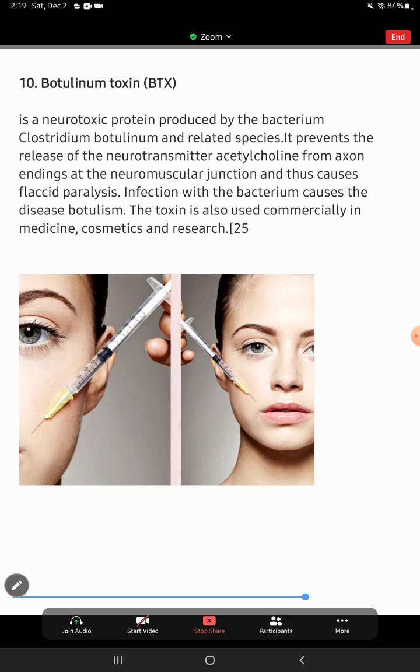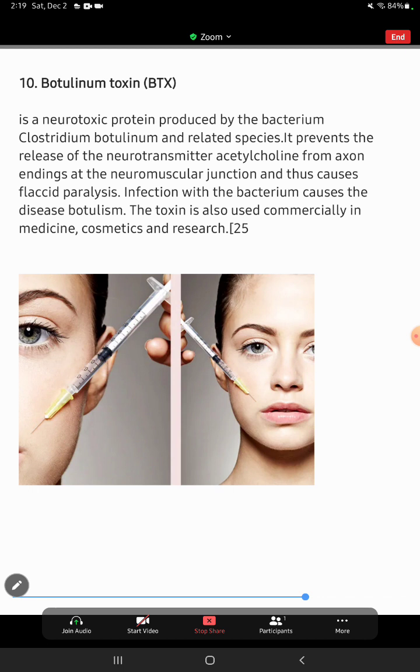Here is another application, botulinum toxin. Botulinum toxin is a neurotoxic protein produced by the bacterium Clostridium botulinum and related species.